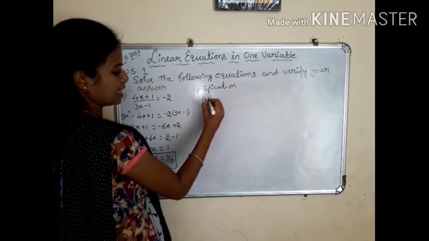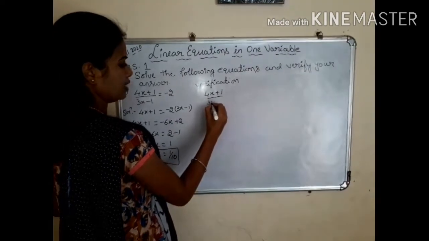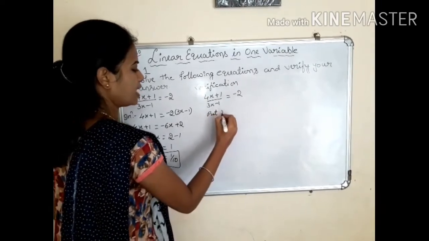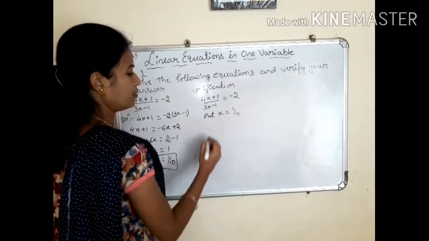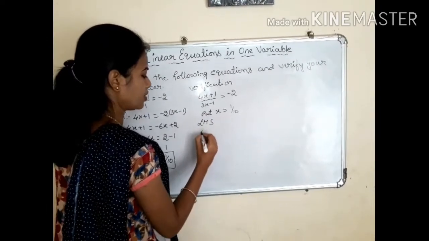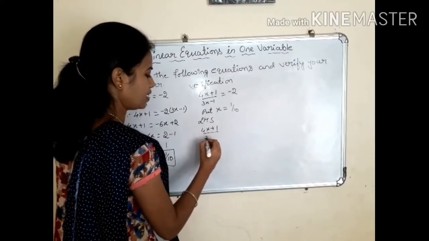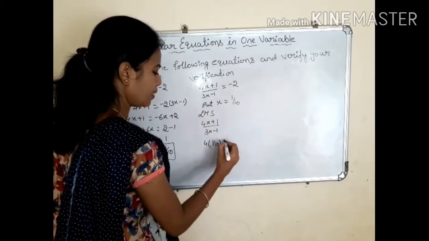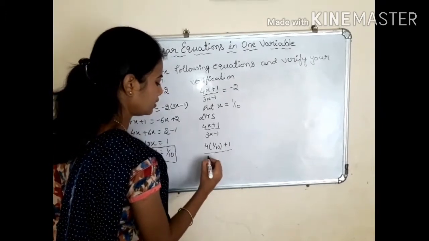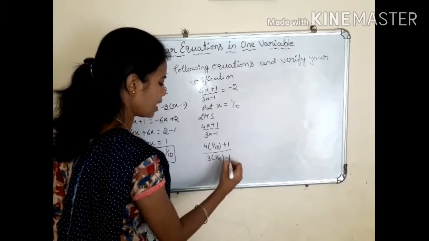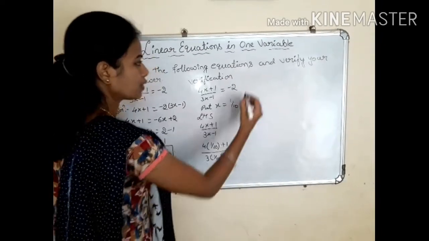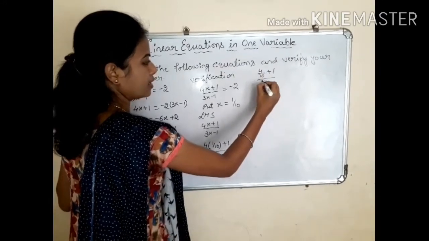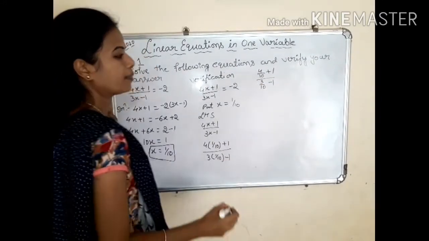Verification, write the question as it is. 4x plus 1 divided by 3x minus 1 is equal to minus 2. Put x value 1 upon 10. By considering LHS, 4x plus 1 divided by 3x minus 1. 4 into 1 upon 10 plus 1 divided by 3 into 1 upon 10 minus 1. 4 by 10 plus 1 whole divided by 3 by 10 minus 1.